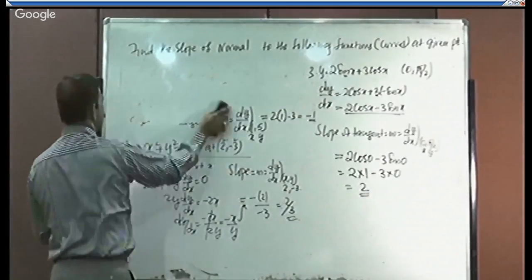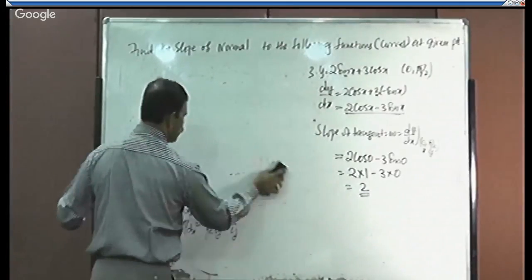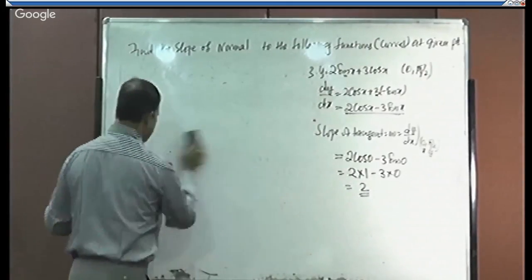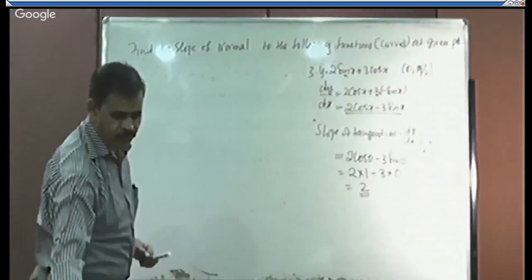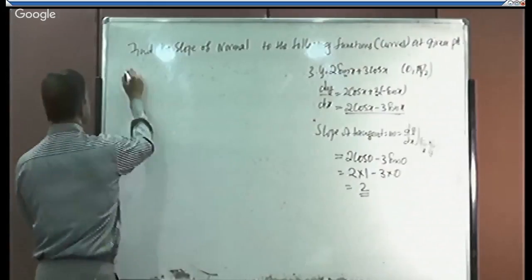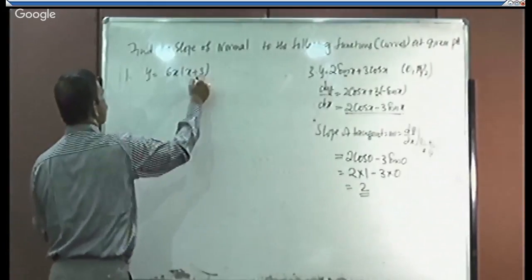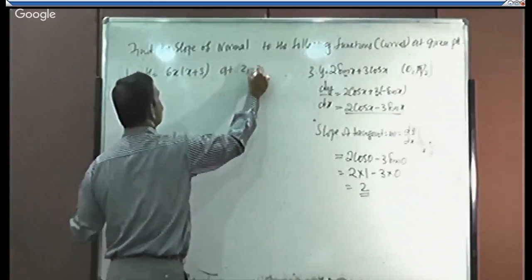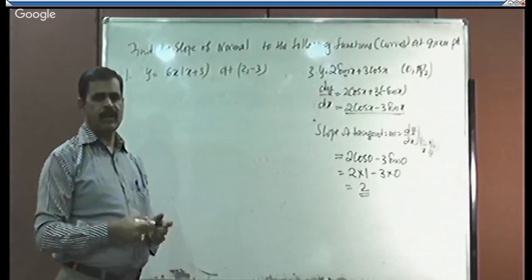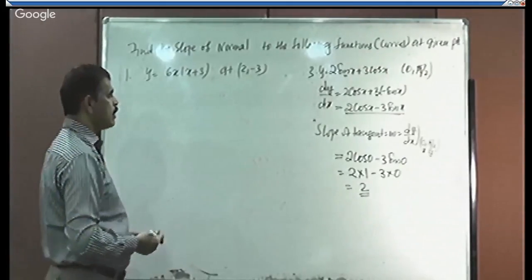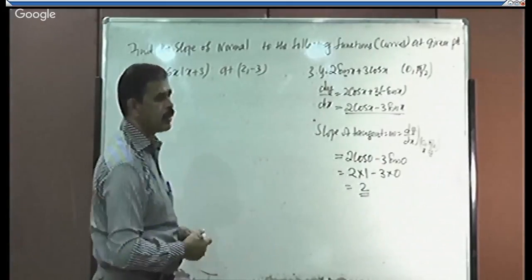I'm taking different examples here. Sometimes they will ask you to get the slope of tangent and normal. In that case, we need to find both. y is equal to 6x into x plus 3 at 2 comma minus 3. Whether it is slope of tangent, slope of normal, equation of tangent or equation of normal, you first take the function and differentiate it.